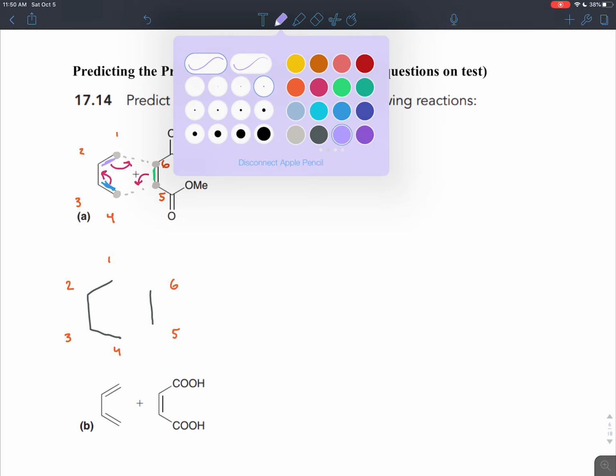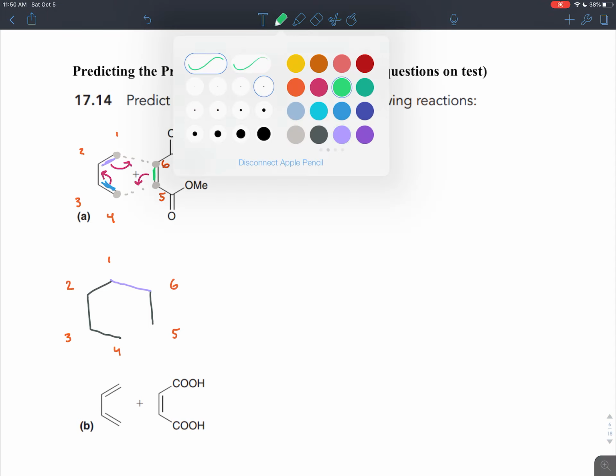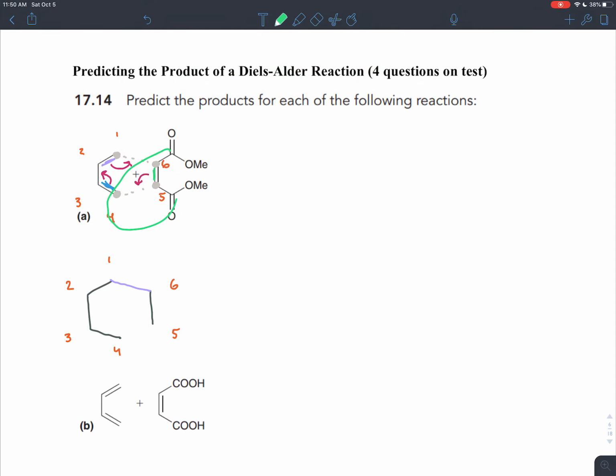Notice how the purple electrons are going to go from being between 1 and 2 to being between 1 and 6. So they're going to form this sigma bond here. The green electrons are going to go from being between 5 and 6 to being between 4 and 5. So they're going to form this other sigma bond here. And then those blue electrons are going to go from being between 3 and 4 to being between 2 and 3.